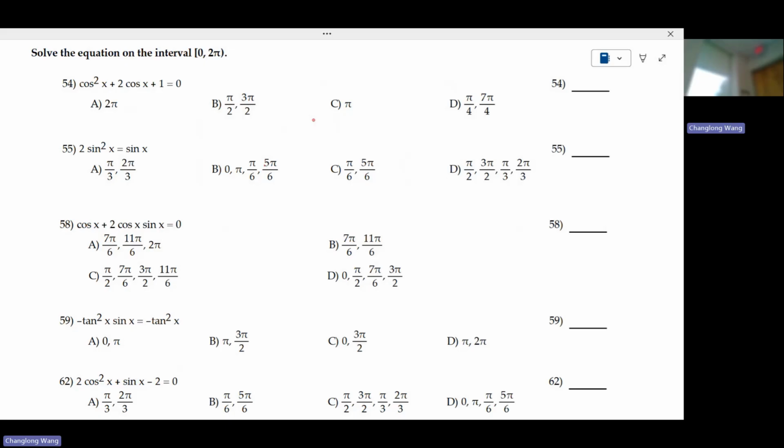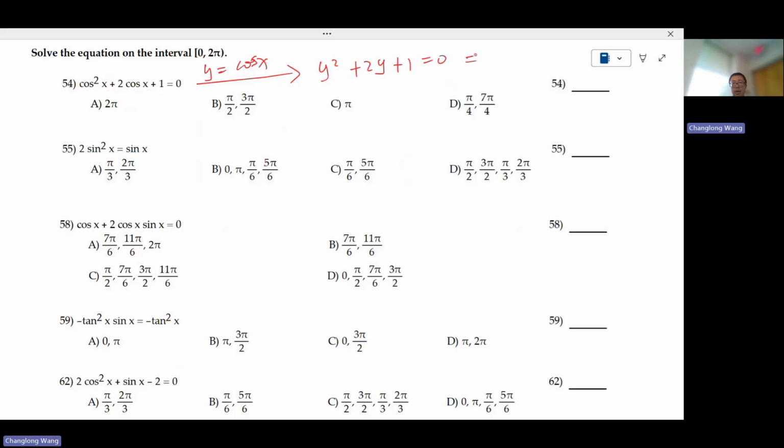For example, do you see in 54, you could factor the left-hand side. Now, if somehow you don't see it, intuitively, you can call cosine x some sort of new variable. Let's call it y. So that equation becomes y squared plus 2y plus 1 equal to 0, right?